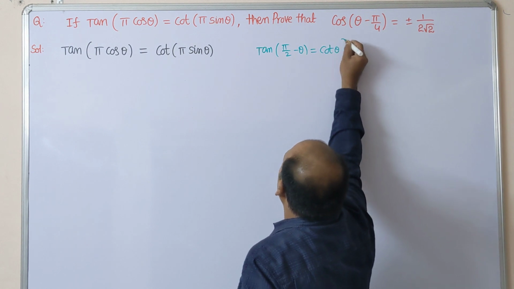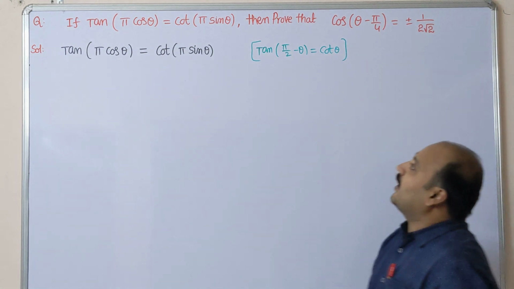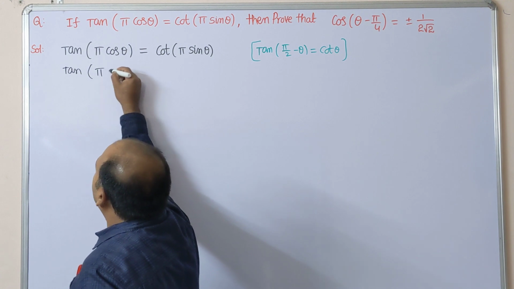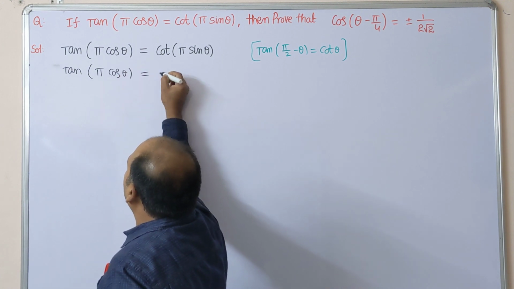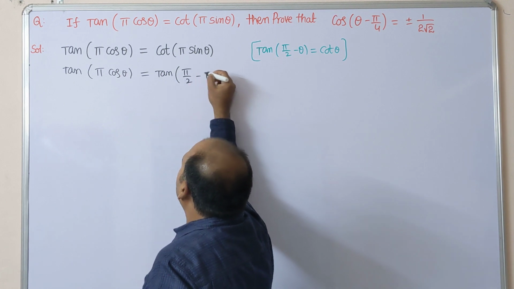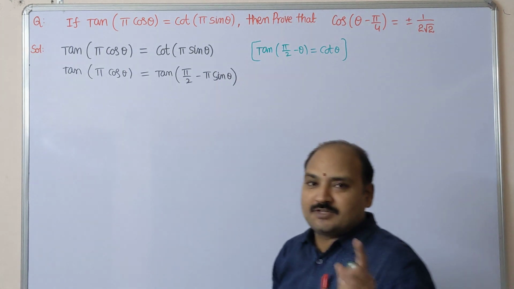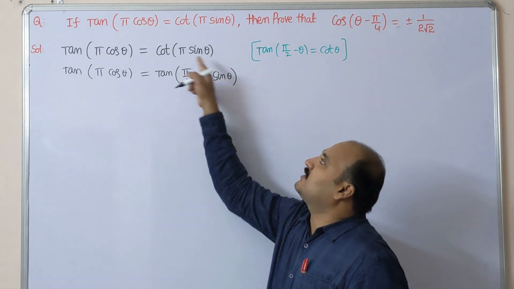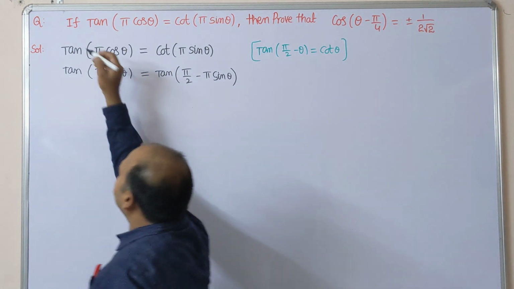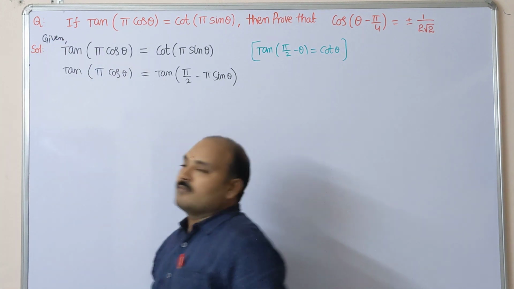So we can write it in terms of tan: tan pi cos theta is equal to tan of pi by 2 minus pi sin theta. I hope you understand. Tan of pi by 2 minus theta is cot theta only. This is the given equation, dear students.